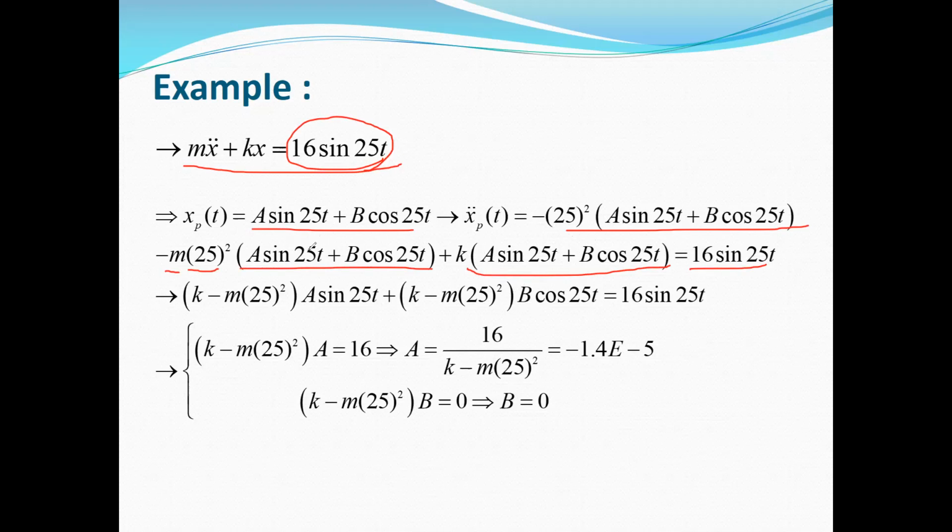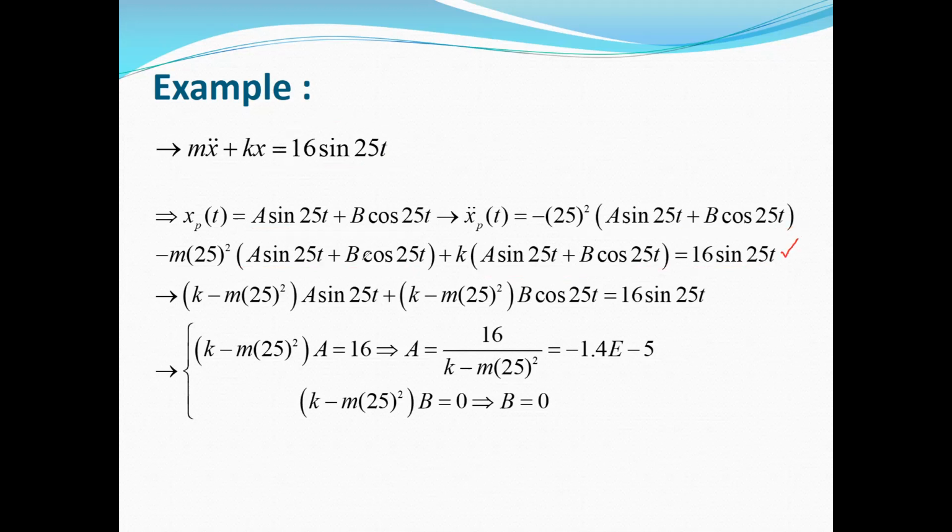On the left hand side, if you want to collect for cosine and sine, the coefficient of sine 25t will be minus m times 25 squared times a, and also we have another sine term, which is k times a.